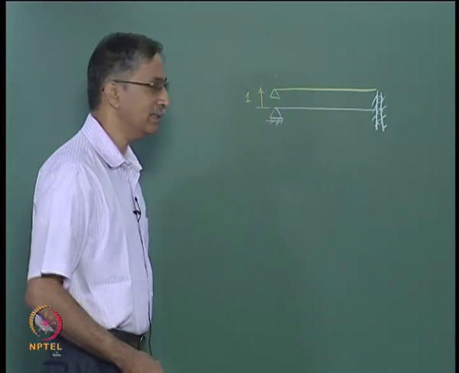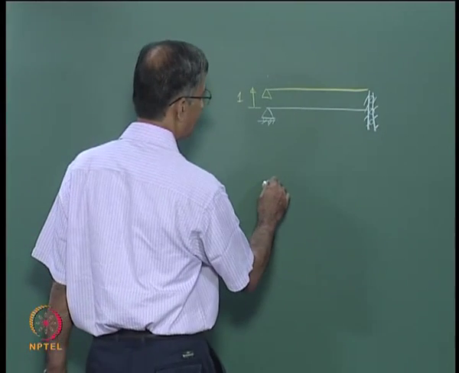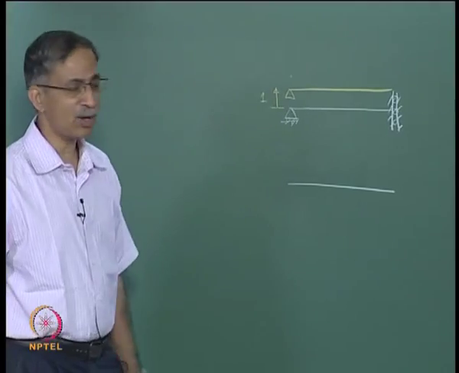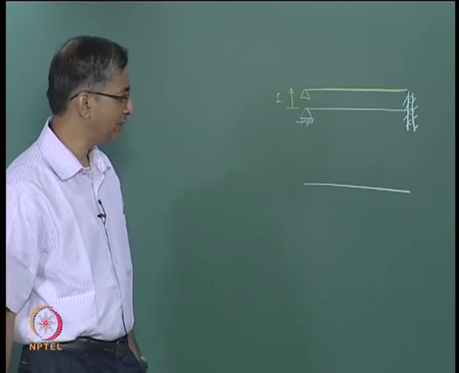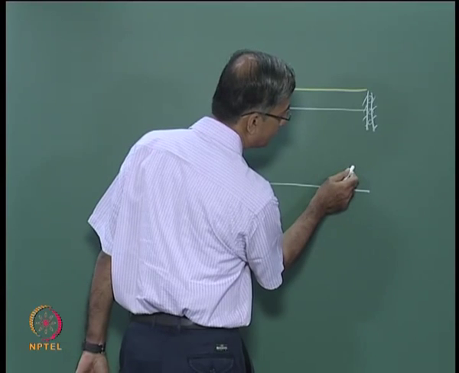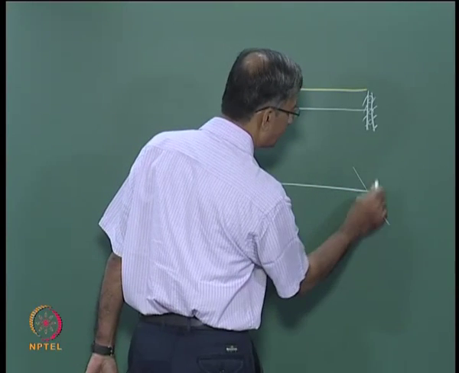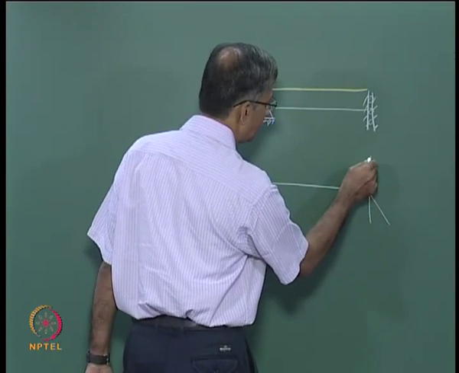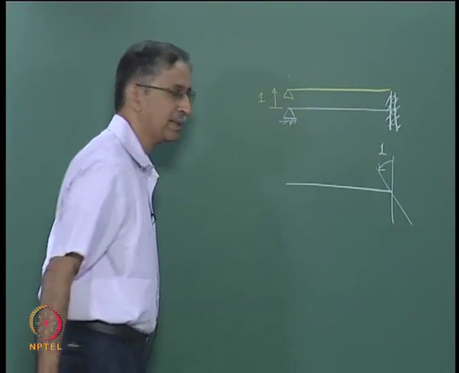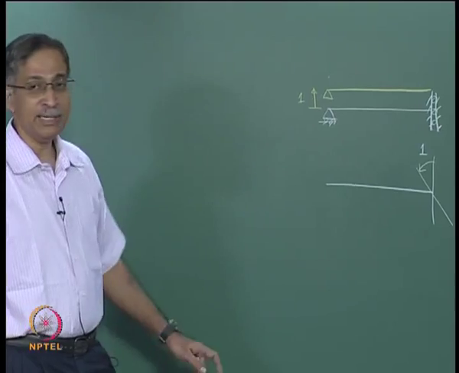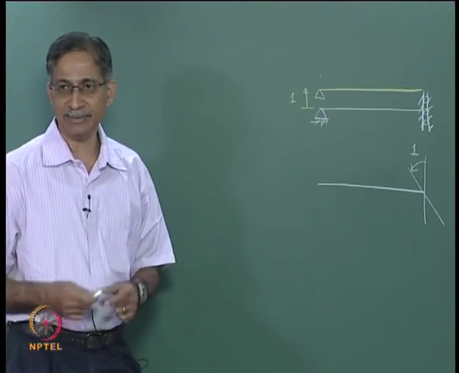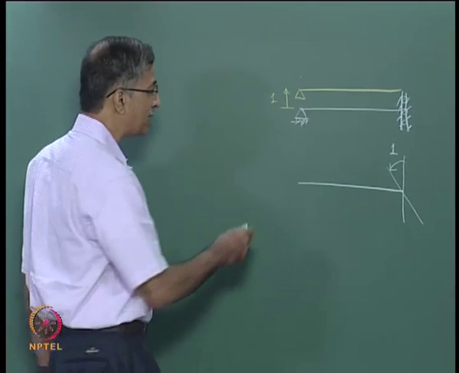In the second case, we are dealing with a rotation, an anti-clockwise rotation at the right end, which means this rotation is now unity, and we need to draw the deflected shape and figure out what is the rotation at the left end. We will take the same boundary conditions.